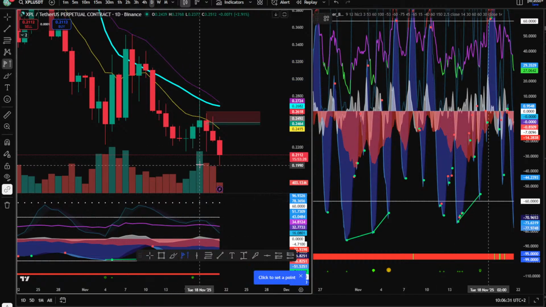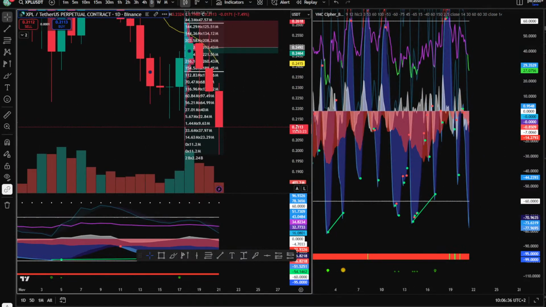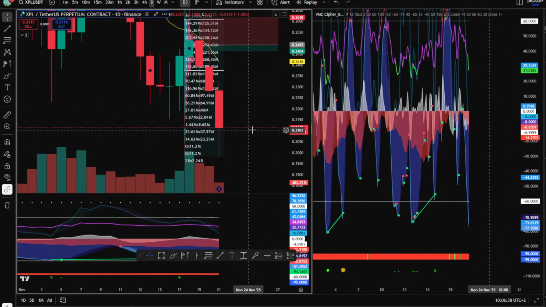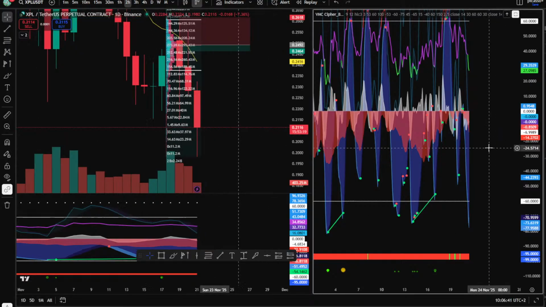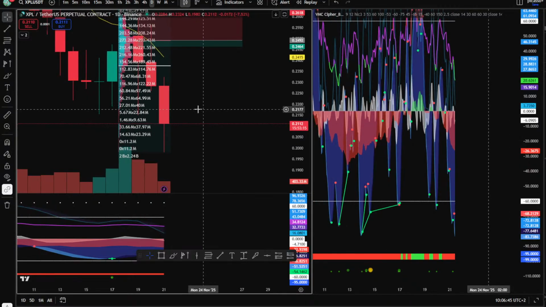I'm going to look at this. We have more sellers. This can be a short, and this will very likely be a short. It is a short. We're shorting XPL.